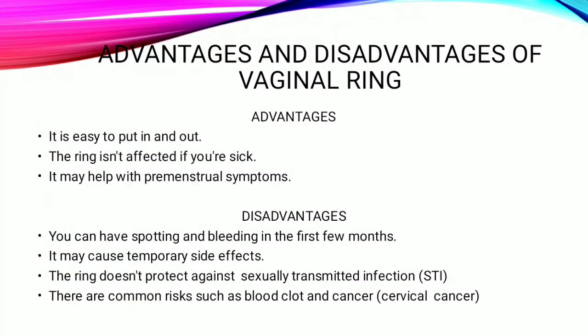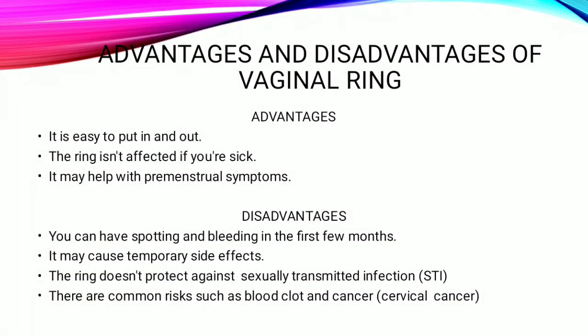Also, the disadvantages are that you can have spotting and bleeding in the first few months. It may cause temporary side effects such as increased vaginal discharge, headaches, nausea, breast tenderness, and mood swings. The ring doesn't protect against STIs.